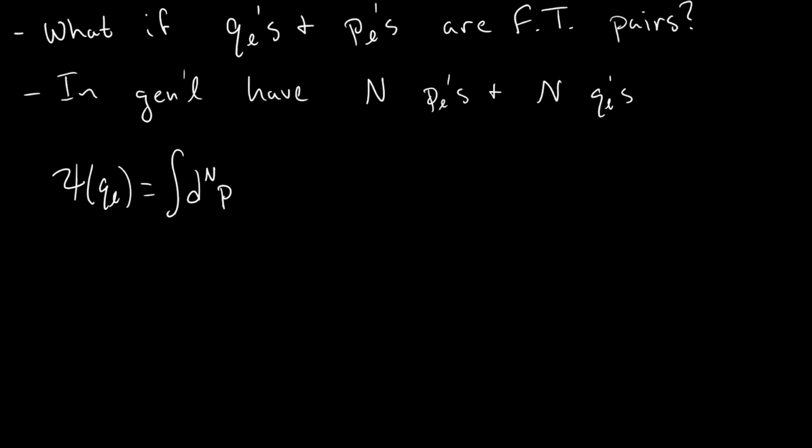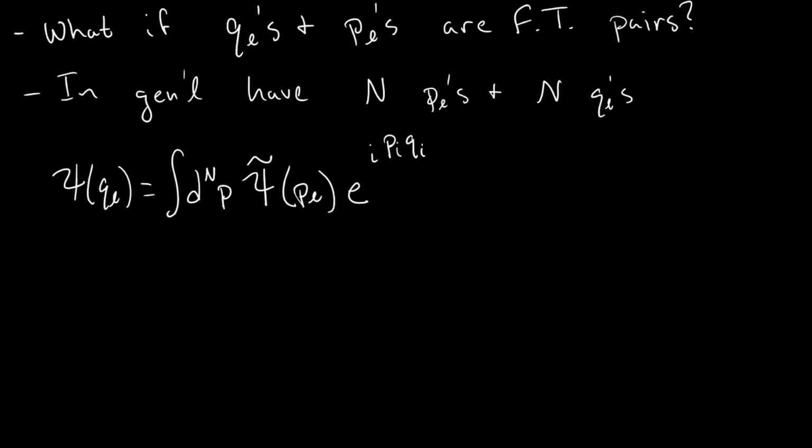I'll just represent my integral over all P's as d^n p of the Fourier transformed function psi tilde, which is going to be a function of the momenta, and e to the i, p sub i, q sub i, right? I'm summing over all of these. Essentially, I'm just doing n Fourier transforms and combining the exponents into a single sum.